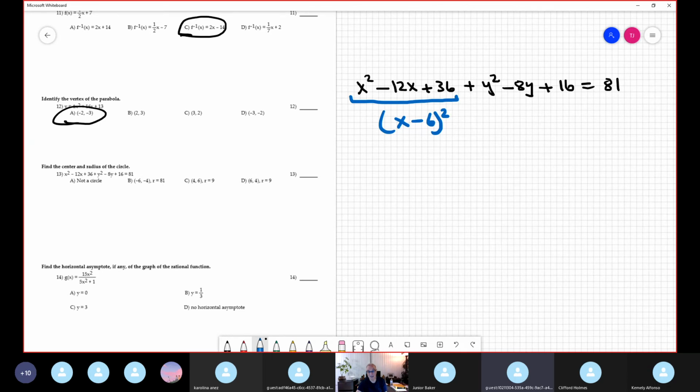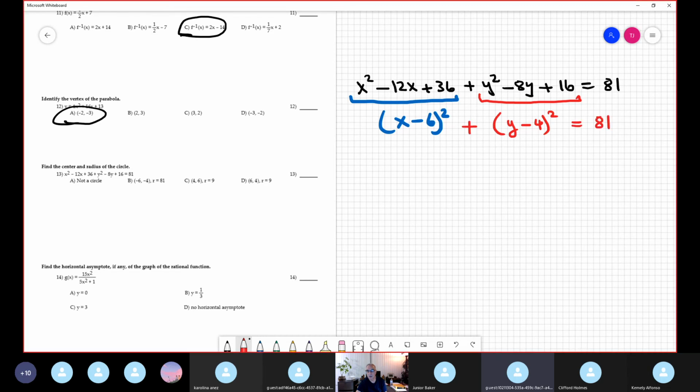Because 6 times 6 is 36, and 6 plus 6 is 12. Likewise, this one is also a perfect square, y minus 4. And what comes from this 4? Square root of 16. 4 times 4 is 16, 4 plus 4 is 8.